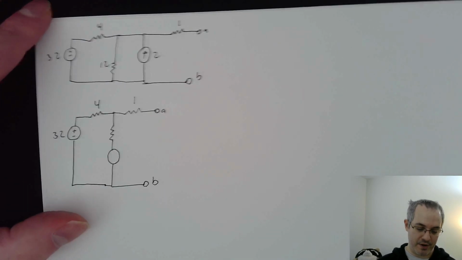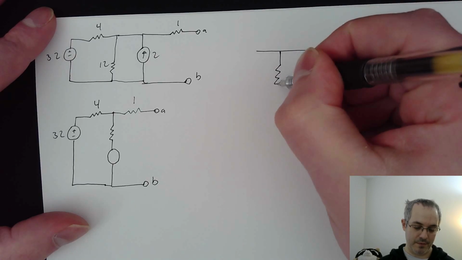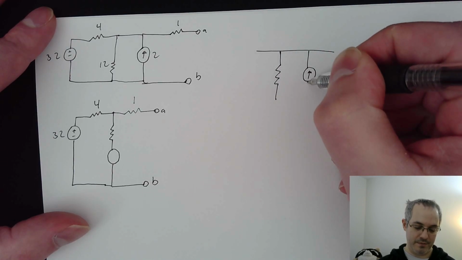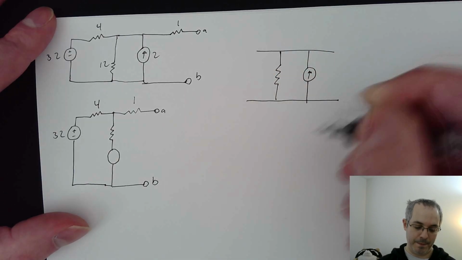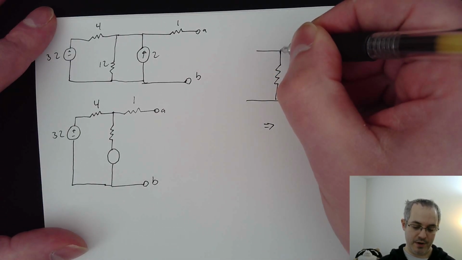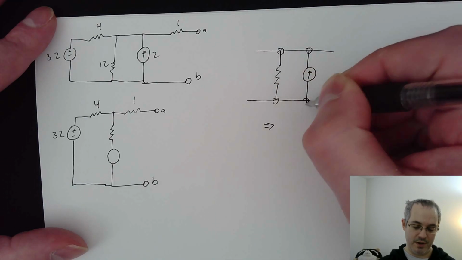If you prefer, we could always do it a bit more slowly. And we could write it like this. And we could say, all right, that becomes, we could go like this and say these nodes here combine together.